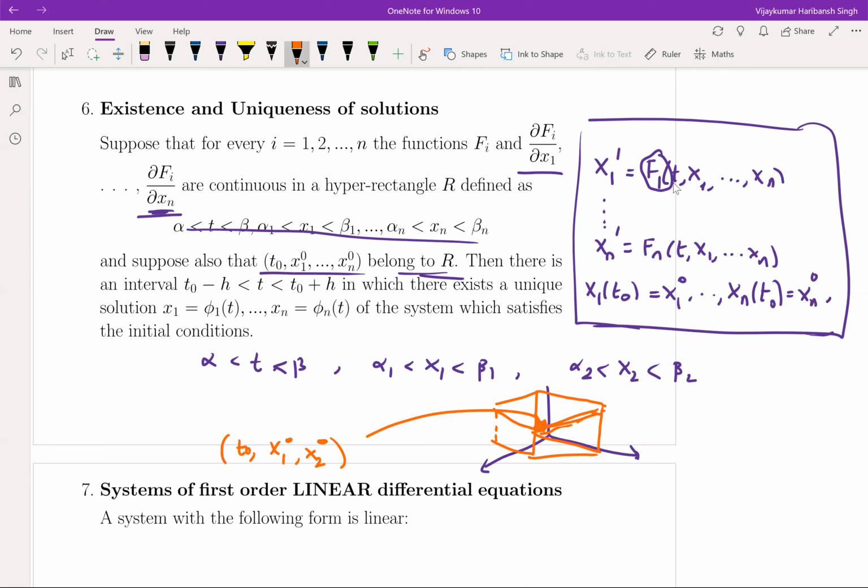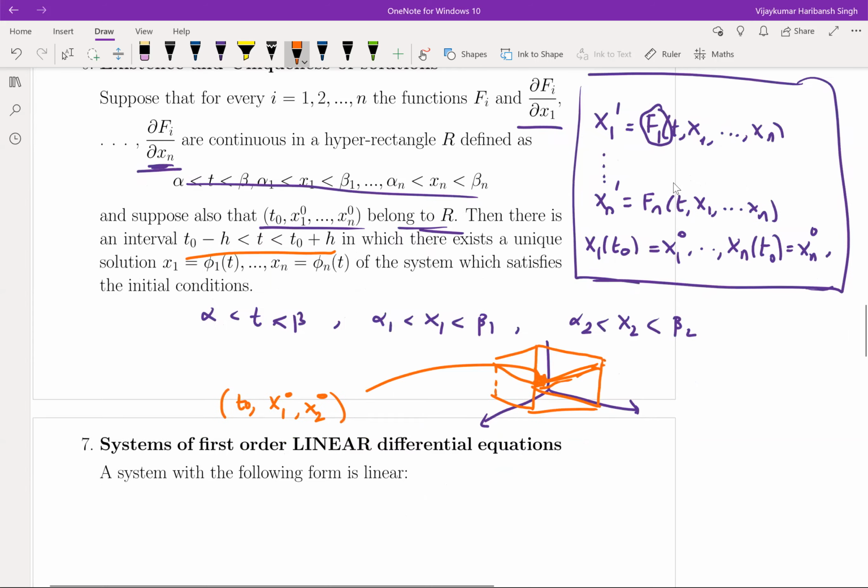In this rectangle, we'll have a unique solution for x1, x2, xn, right? So for some t between t naught minus h and t naught plus h, the size of the interval around t naught in which we'll have a unique solution is unknown, but the solution exists. You can see the similarity between this theorem and the theorem for the nonlinear differential equation, right? They are similar because the interval is unknown.